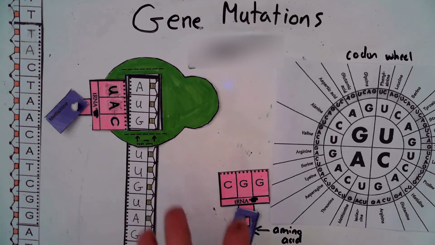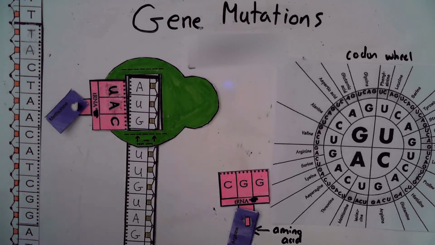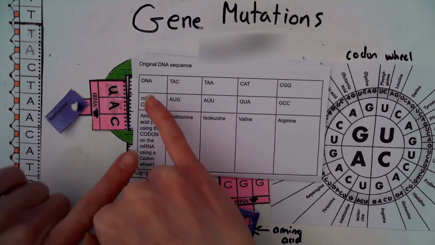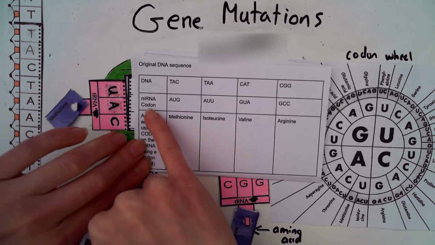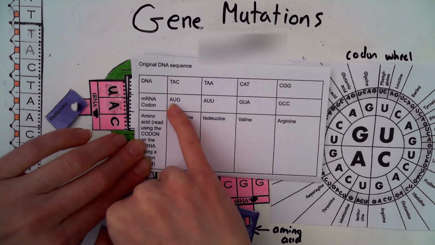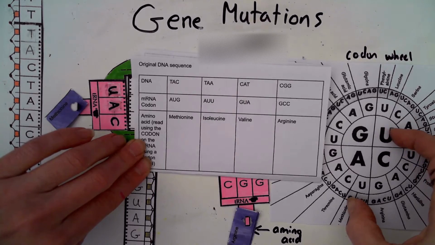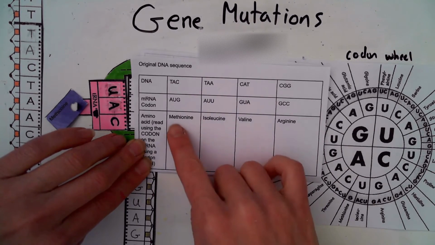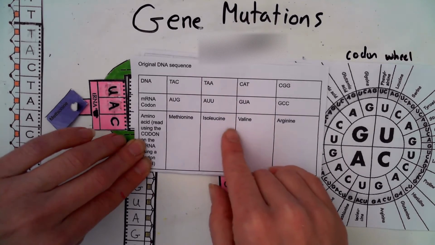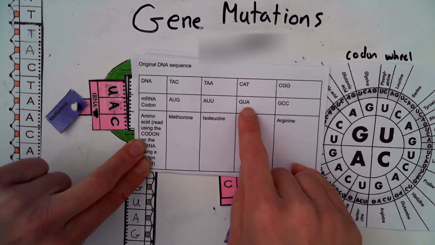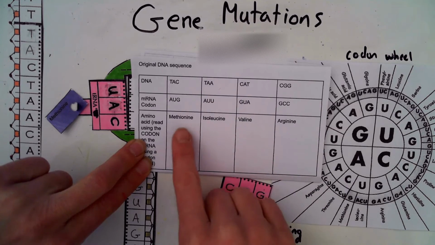If you don't have these manipulatives at home, your teacher may have given you a chart something like this, where you have the DNA sequence, you write out what the mRNA would be, and then you use a device like this called a codon wheel to figure out which amino acid would be attached for each segment of mRNA.